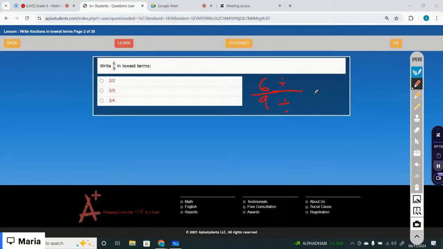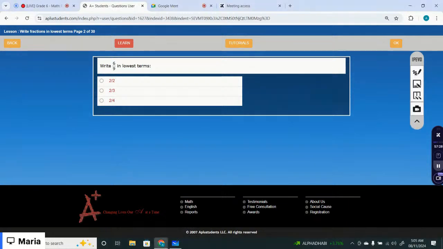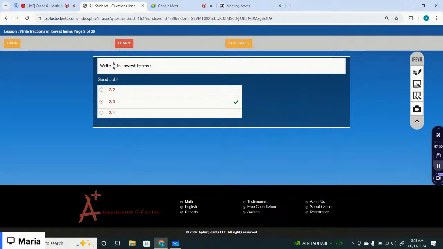The greatest number that can divide 6 by 9 is 3, right? So 3 times 2 is 6 and 3 times 3 is 9. So the lowest term is 2 over 3. Got it? The correct option is 2 by 3. Option number 2 is the correct option.